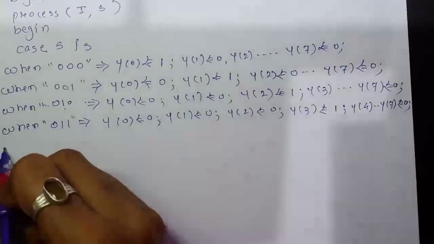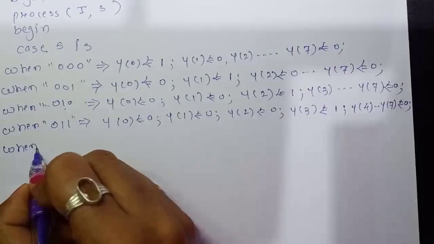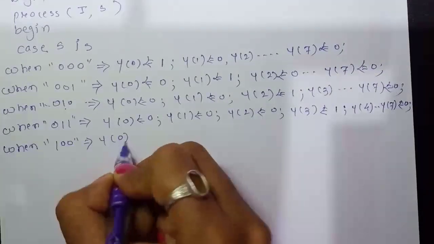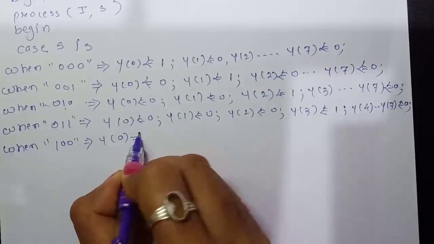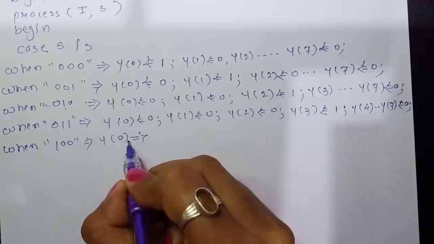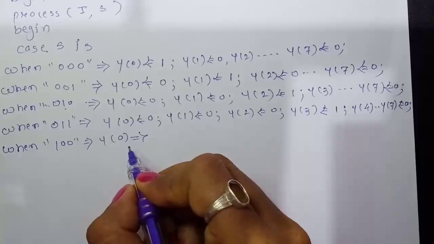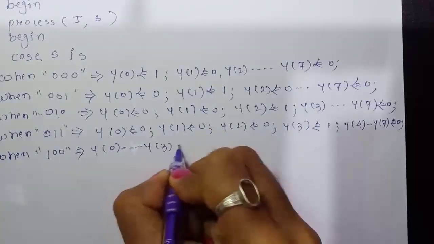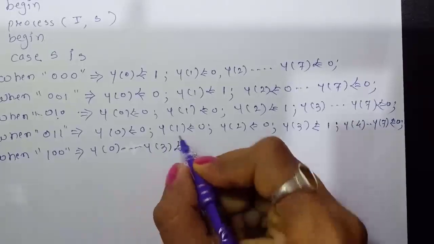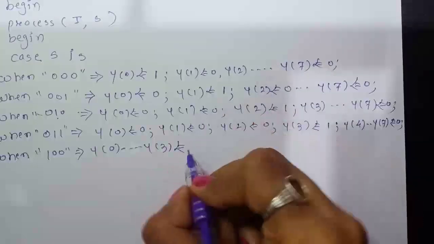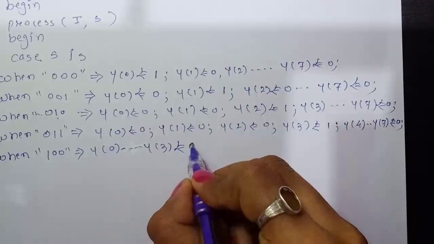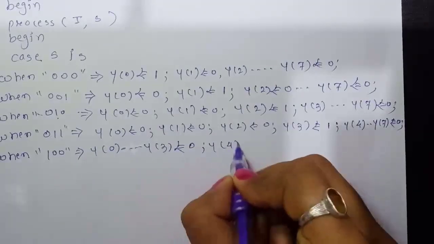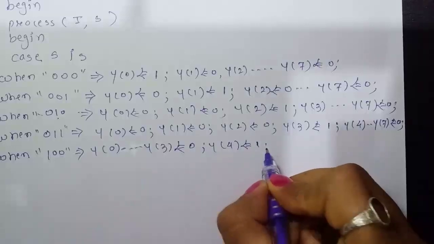Then when the selection line is 1 0 0, Y0 to Y3 are deactive or low, that means all are assigned 0, and Y4 will be assigned 1.